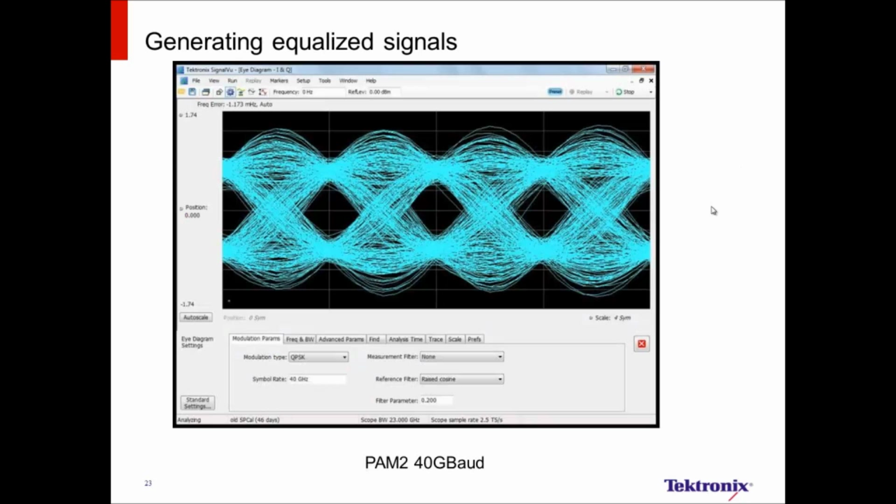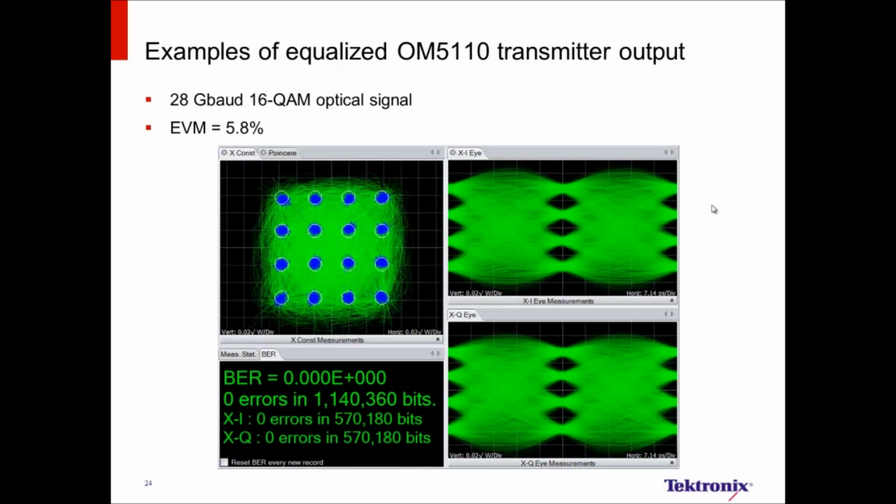So this is a typical PAM2 signal with 40 gigabaud after compensation. So you can see we have fairly open eyes here, and it actually looks fairly good for 40 gigabaud, which many people say that we can't do with 50 gigasamples of sample rate, but with optimization it works out very well.